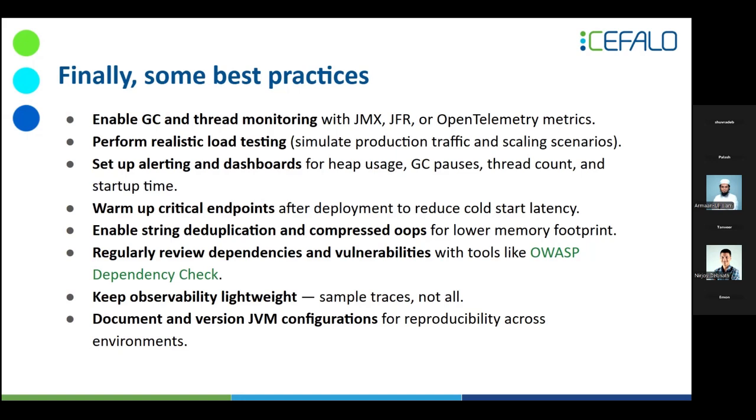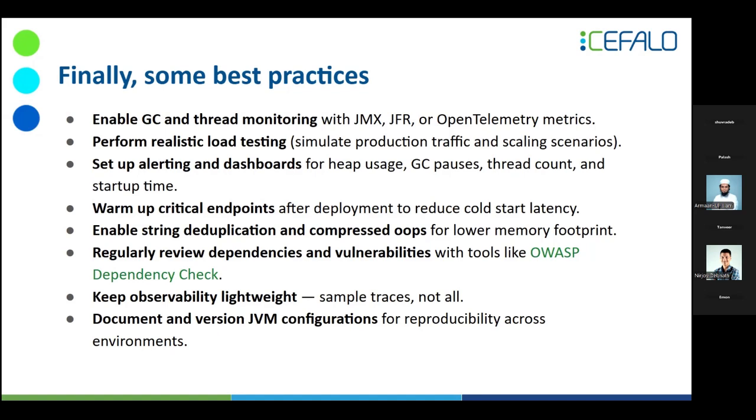Perform realistic load testing. Always have alerts and dashboards for continuous monitoring, and if anything goes wrong, you should be alerted, and before the client complains, you can go ahead with the fixes. So it's a better way of going forward.